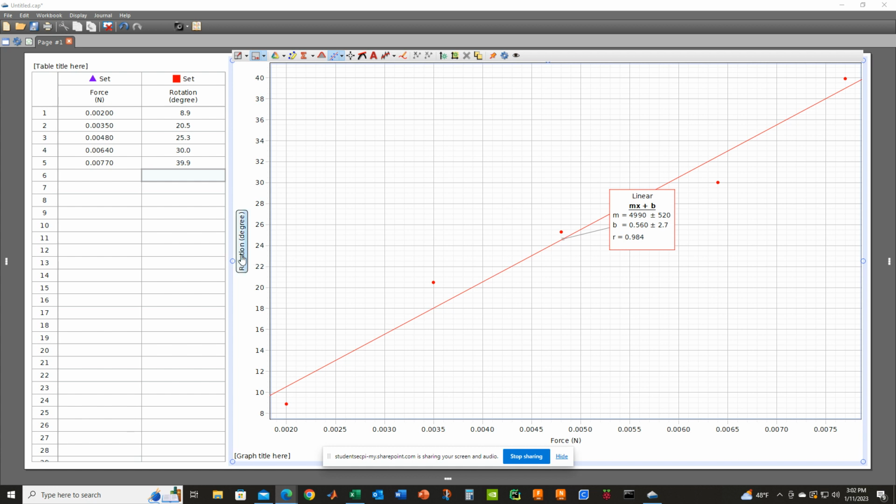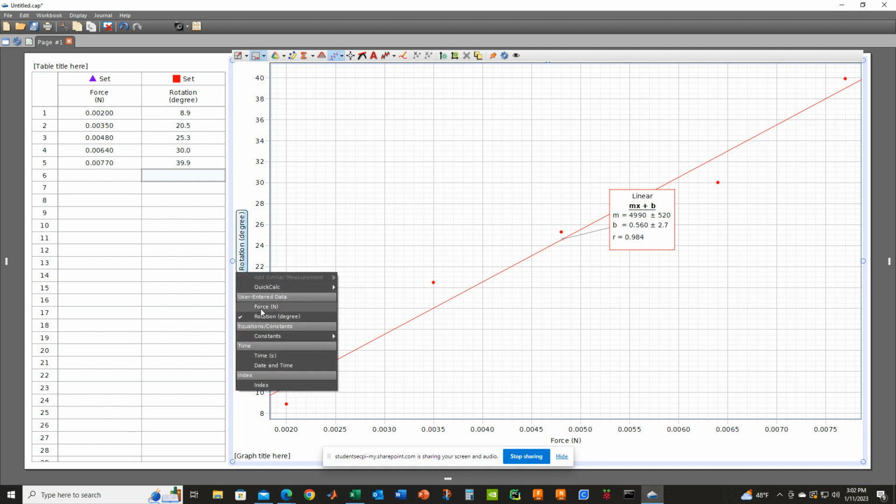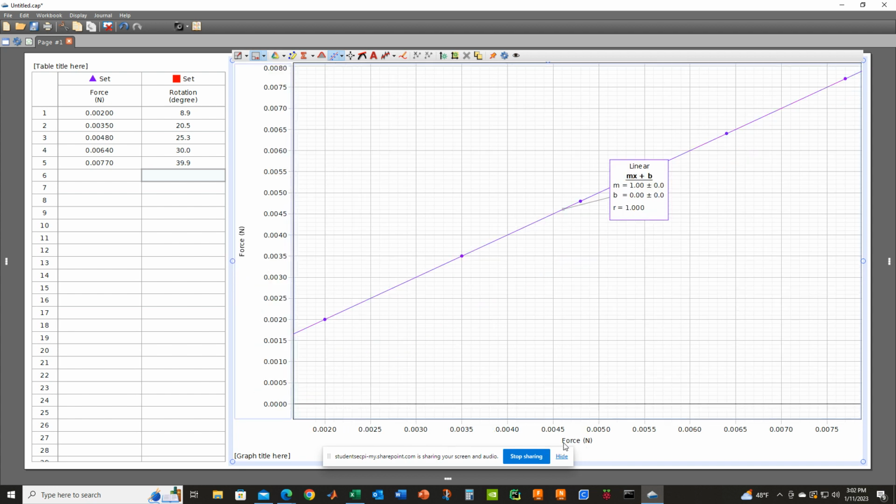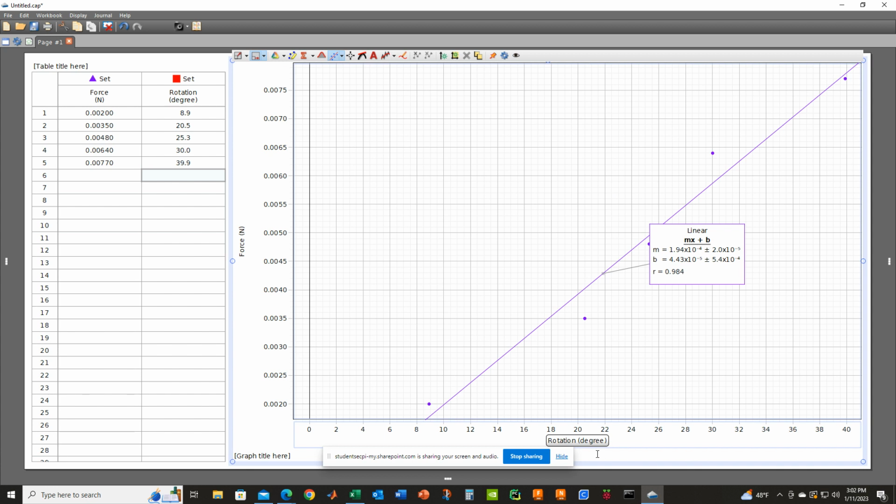Wait a minute. Oh, I have rotation on the wrong axis. Force should be on the y-axis because we have newtons over degree, and then degree should be on the x-axis. Now I have a different slope.